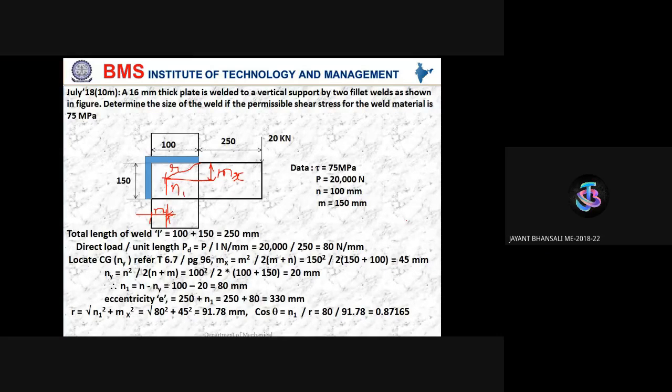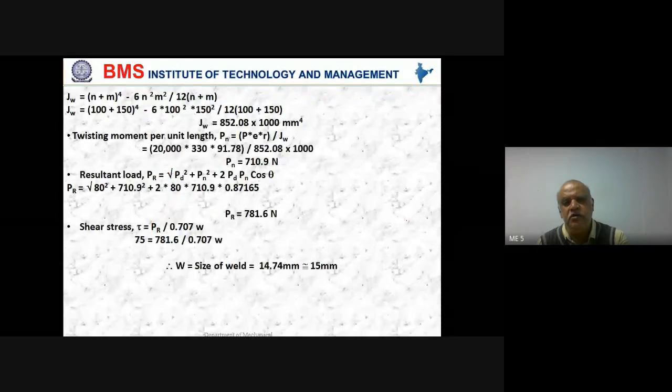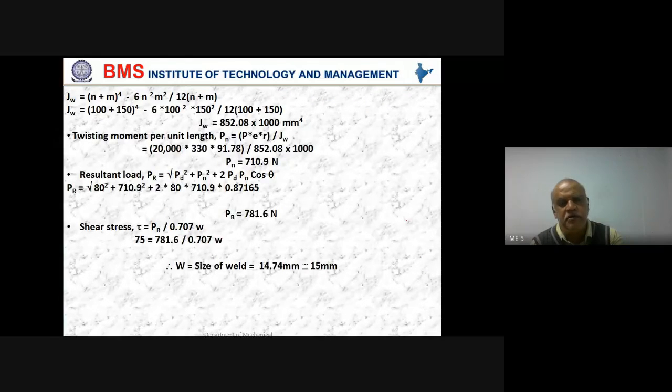So JW I got 852083.3, that is 852.08 into 1000. Either way, you can use it as it is, or use it this way. Others, please check whether your answer is correct. Look for JW.